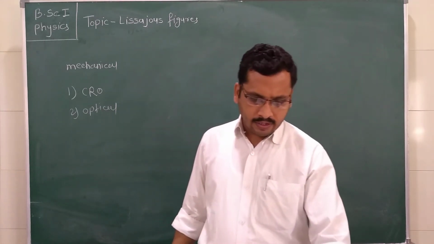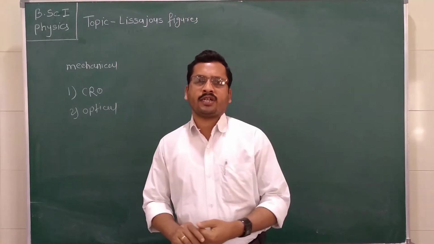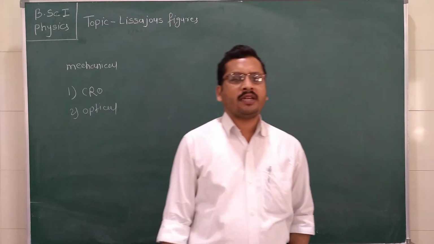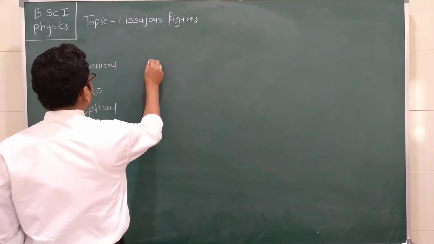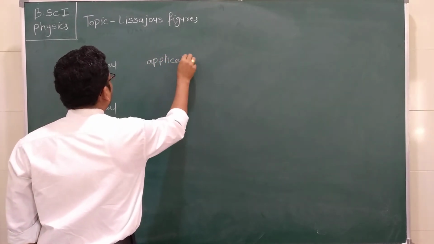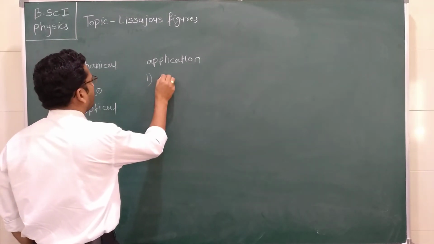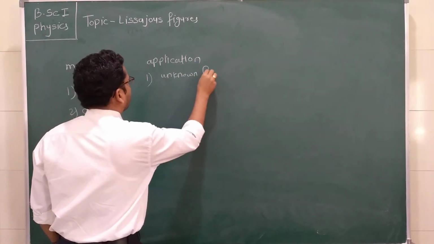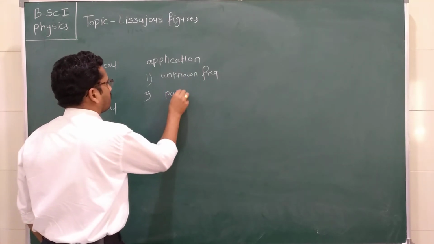Now this Lissajous figure is used for some basic applications in physics. So what are the uses of this Lissajous figure? The first application is to find out the unknown frequency, and the second application is to find out the phase difference.